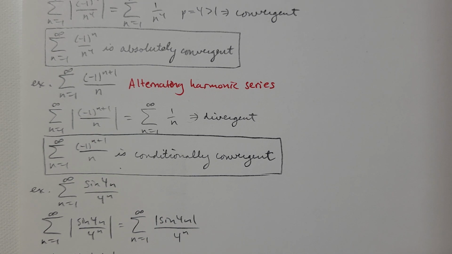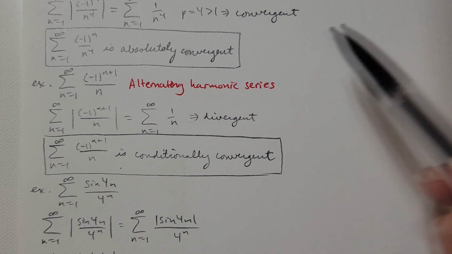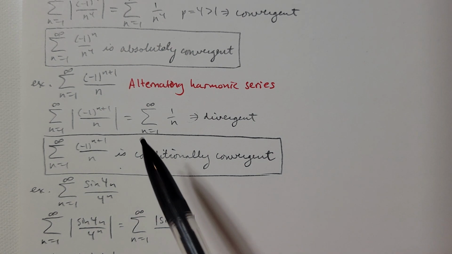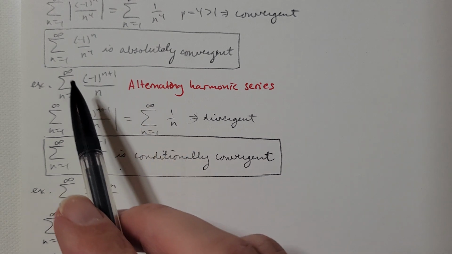It converged because the limit as n approaches infinity of 1 over n is 0, and 1 over n plus 1 is always going to be less than 1 over n on the interval 1 to infinity. The regular harmonic series is divergent, but we're not talking about that here, so I know that I've got a convergent series.